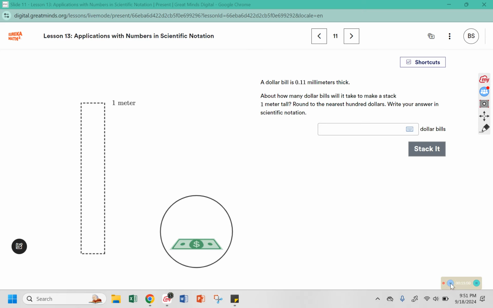Well, there are 1,000 millimeters in a meter, so we can think of millimeters as 1,000th. So this can be rewritten as 0.11 times 10 to the negative third power. And if we're trying to get 1 meter, that would be 1 times 10 to the 0.